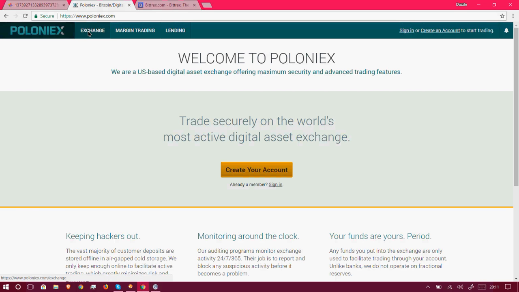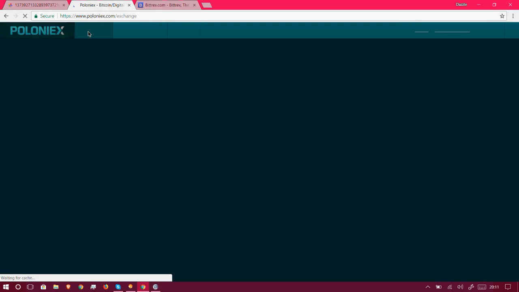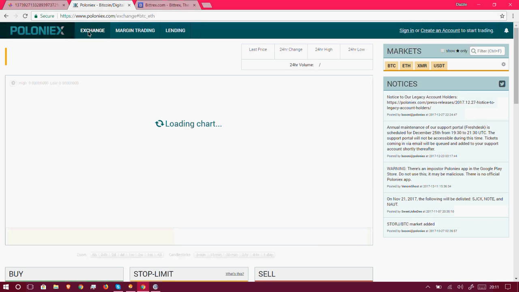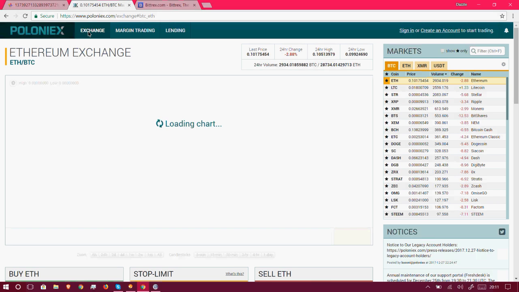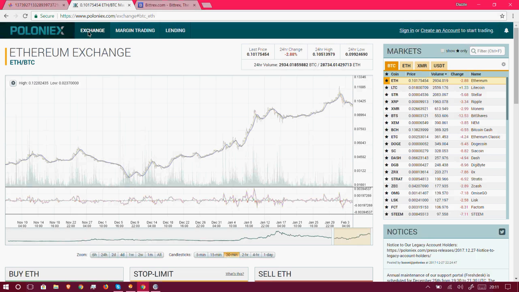So let's go to the next one, which is Poloniex, and we're going to go over to the exchange. Okay, so here, their charts are not set up, and you have to do a double tap to make your candles line up properly.